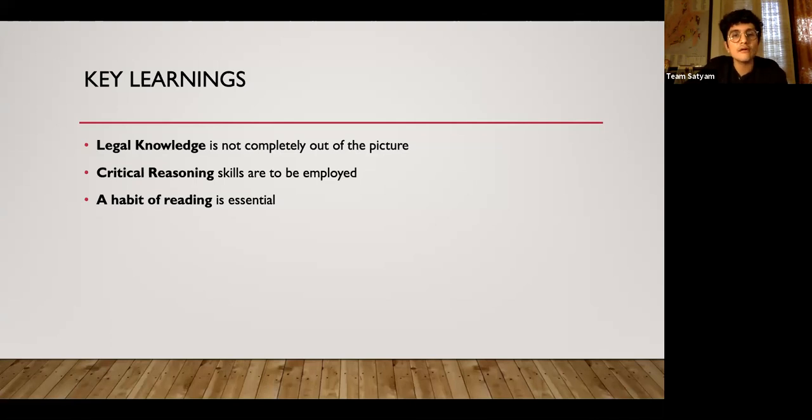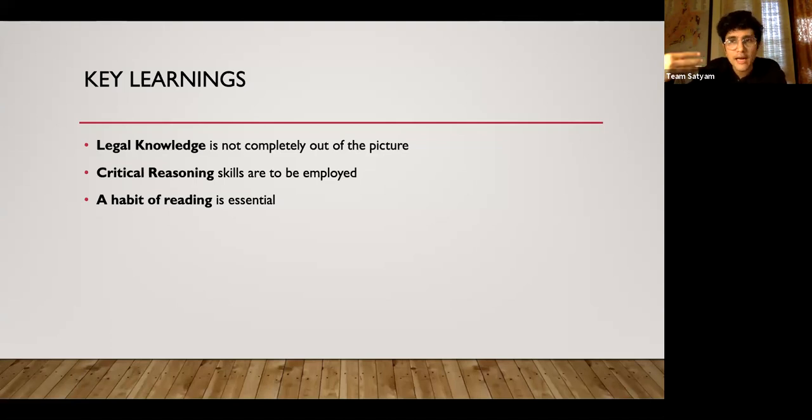Critical reasoning skills are also to be employed, which means that you cannot leave your critical reasoning skills at the critical reasoning section. You need to transport them to the legal reasoning section also, because the questions on mob lynching specifically did not require you to look at the passage at all.